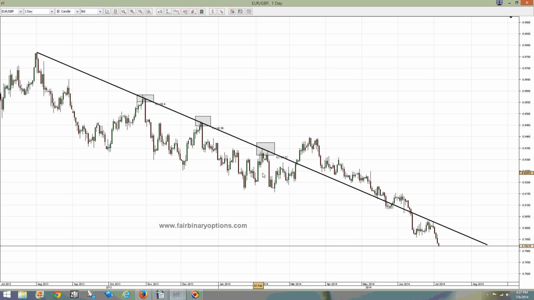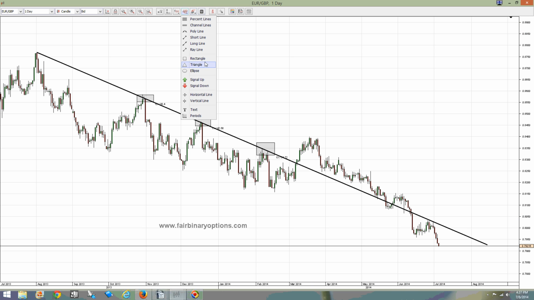And then the resistance is broken, and every time the market comes here, it turns into a support. So for something like 3 days, and then 1 week, and then another week, and another week, the market has just been acting as support, and reacted from that area.